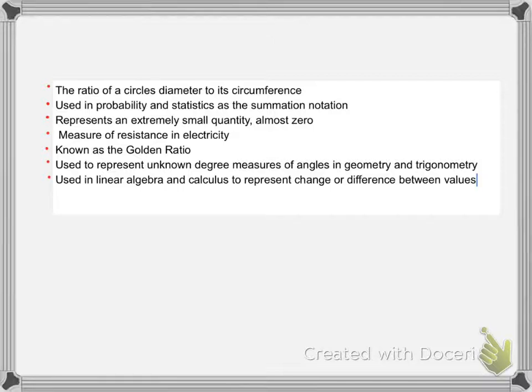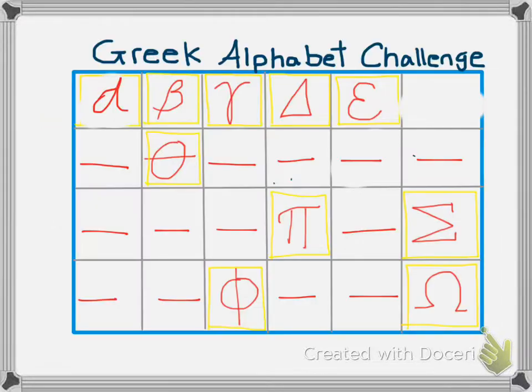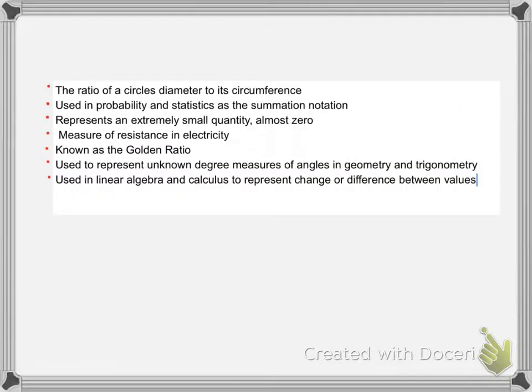There were 10 symbols here, and notice there are only 7 uses here. That means there is repetition in this area. These are going to be used more than once.